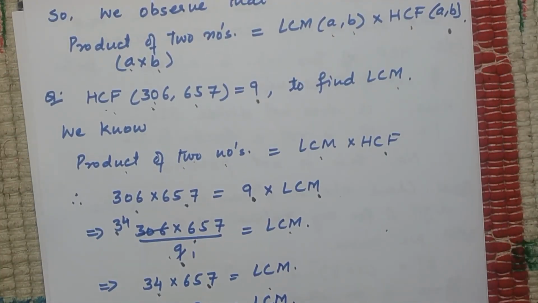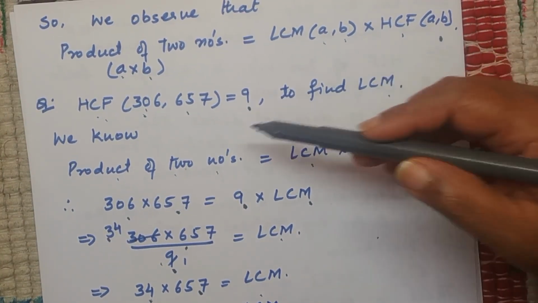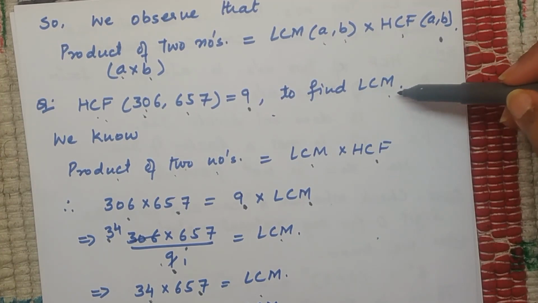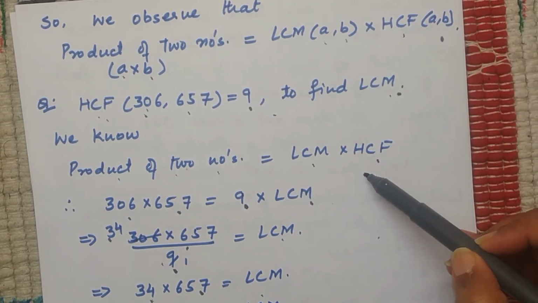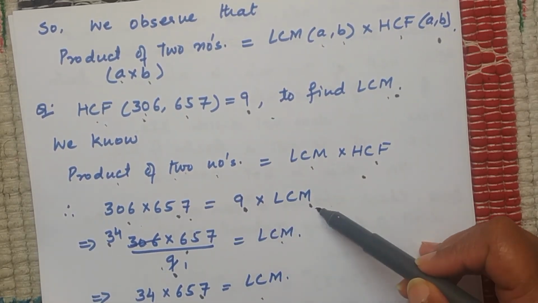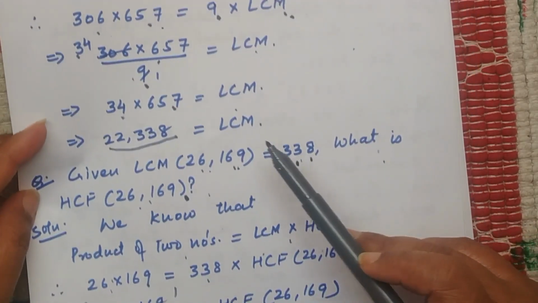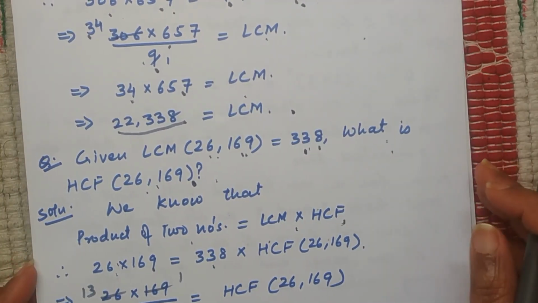I hope that's clear. First we discussed HCF of 306 and 657 is 9 given, to find LCM. Product of two numbers is LCM into HCF. So 306 into 657 is 9 into LCM, and solving we got LCM as 22,338.